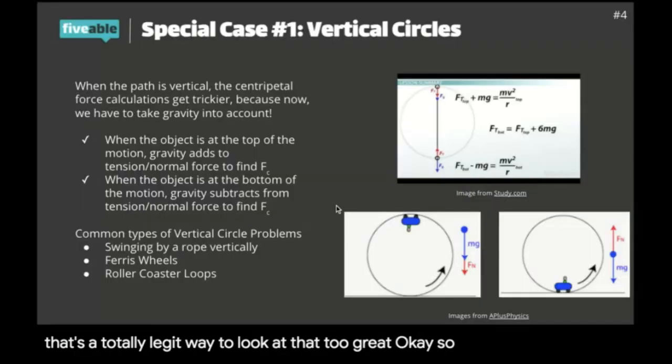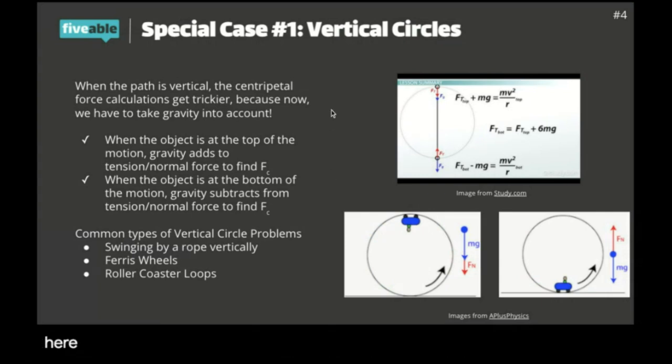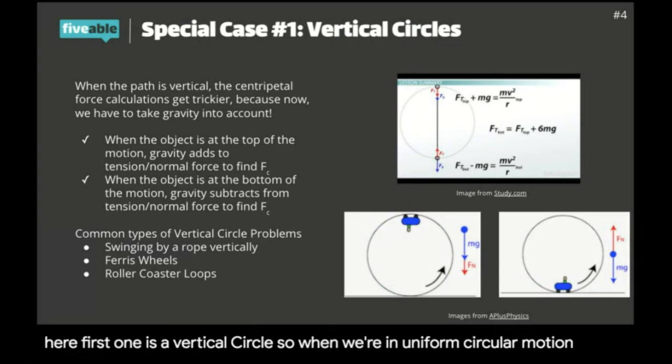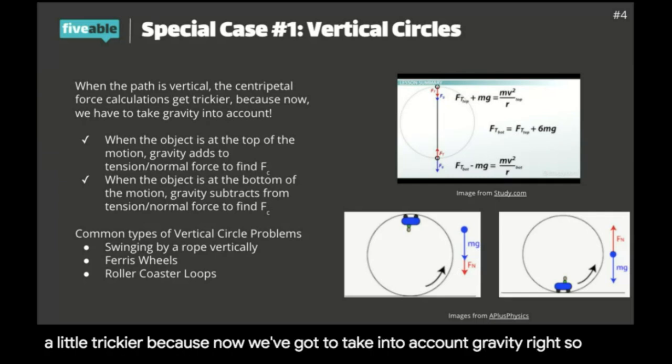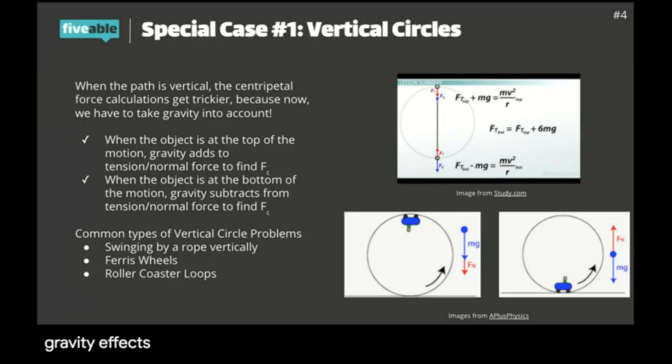Okay, so a couple of special cases here. First one is a vertical circle. When we're in uniform circular motion and the path is vertical, the centripetal force calculations get a little trickier because now we've got to take into account gravity, right? So gravity affects what's going on. And there's a couple of rules.